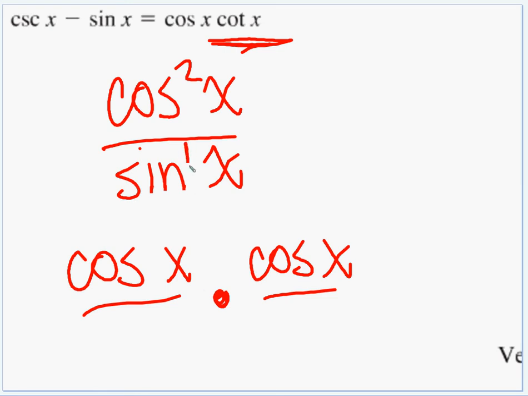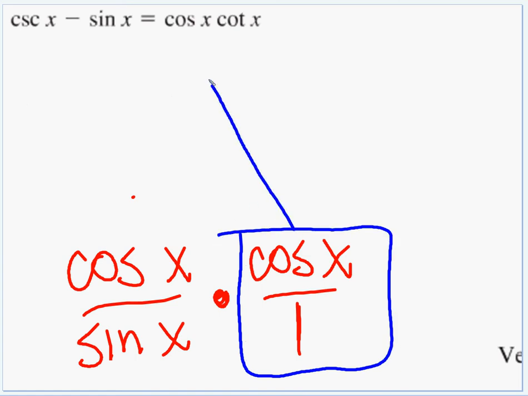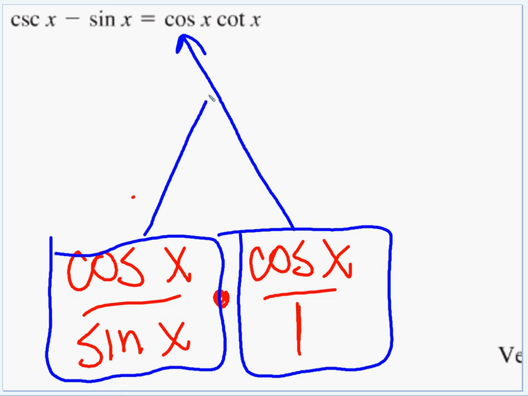Underneath, sine is to the first power. So we can only put sine under one of these. And it doesn't matter which because they are both the same. So I'm just going to put it under the left one. The right one will get a 1. And we are so close to the finish line. This cos over 1, well, that turns into that cos. And cos over sine, well, that's cotan. So there they are. Perfect.